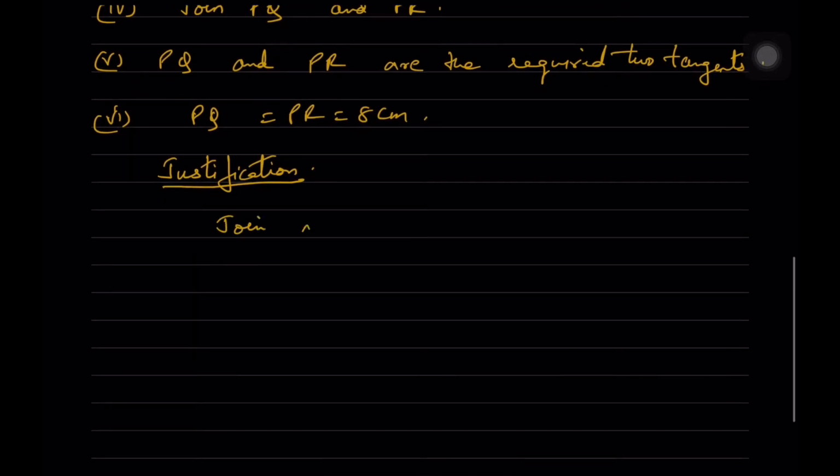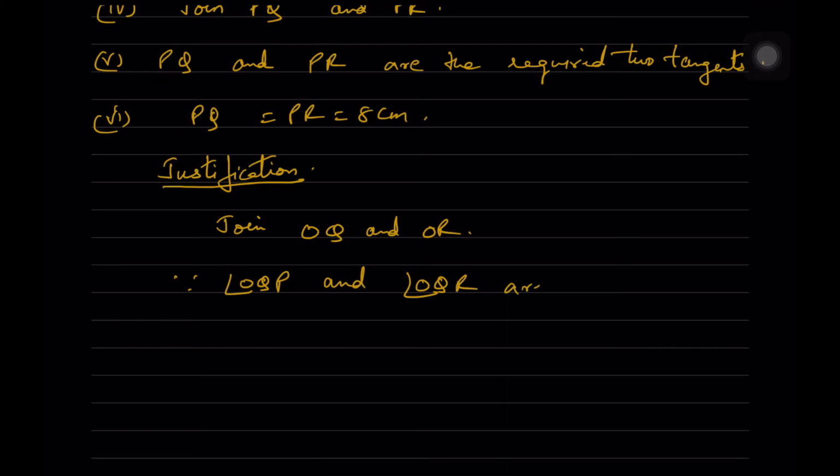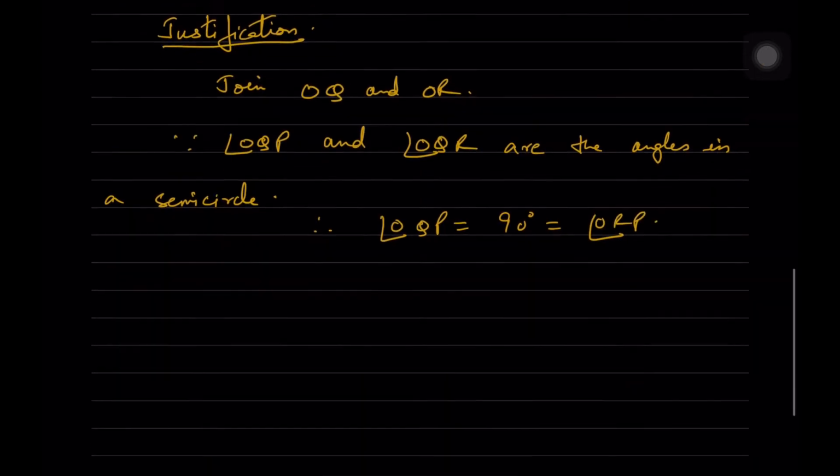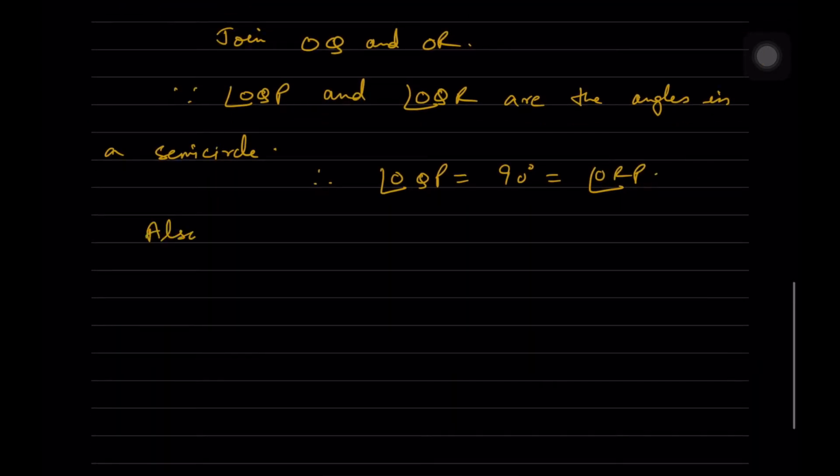Join OQ and OR. Since angle OQP and angle ORP are angles in a semicircle, they are equal to 90 degrees. This we learned in the previous class, that the angle made in a semicircle is always 90 degrees.